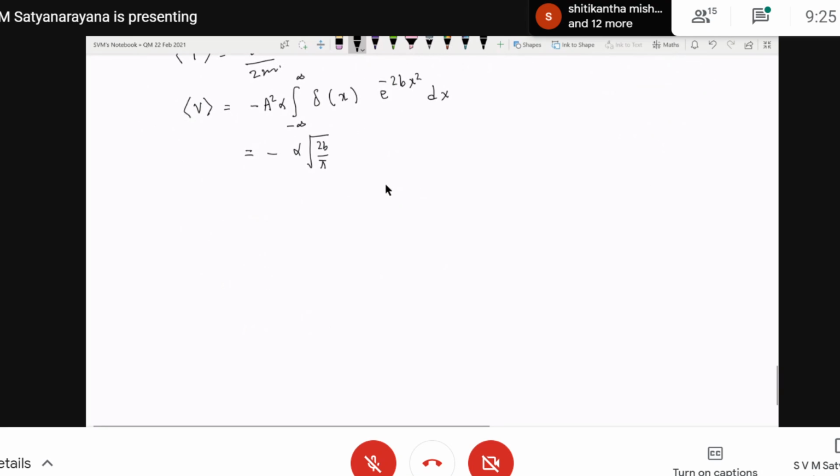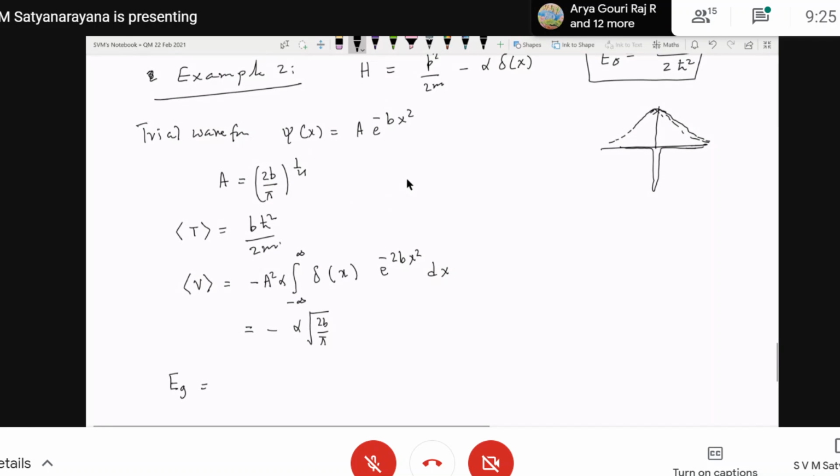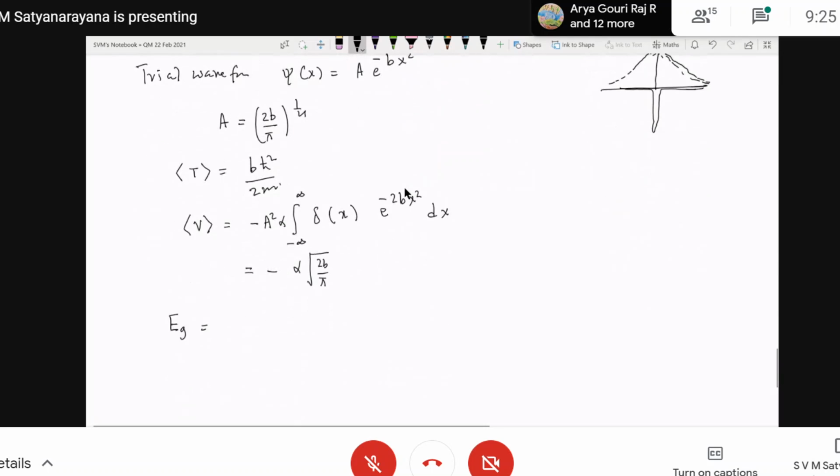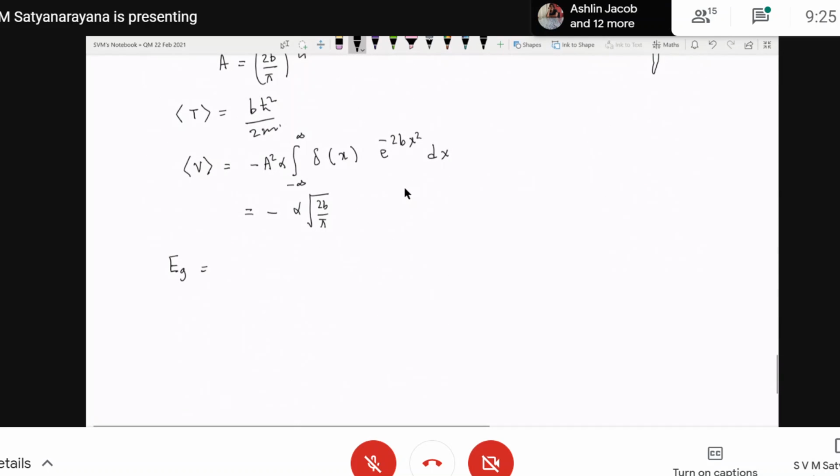So what will be your E_g? E_g is equal to the kinetic energy, b h bar squared by 2m, minus alpha, root 2 by pi, and then root b.